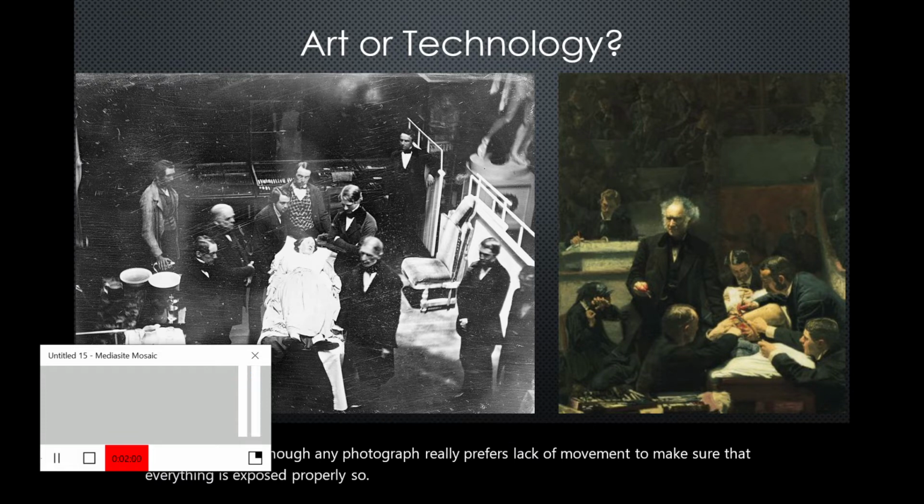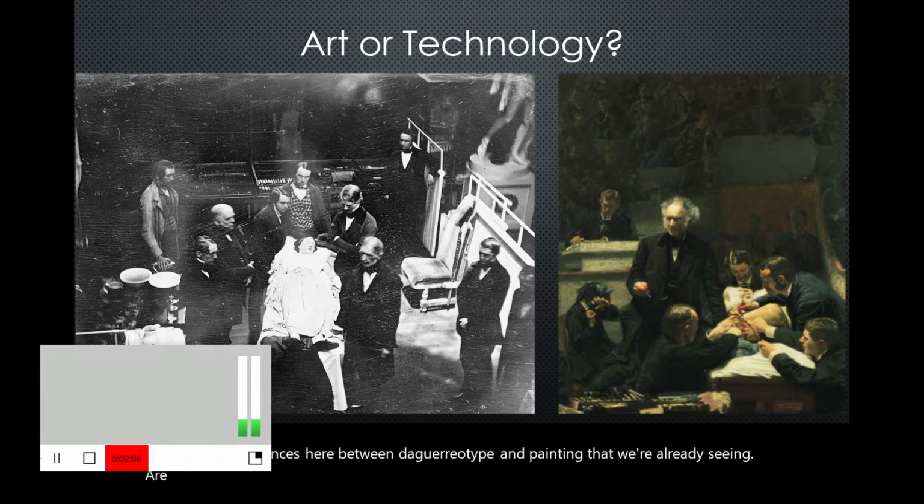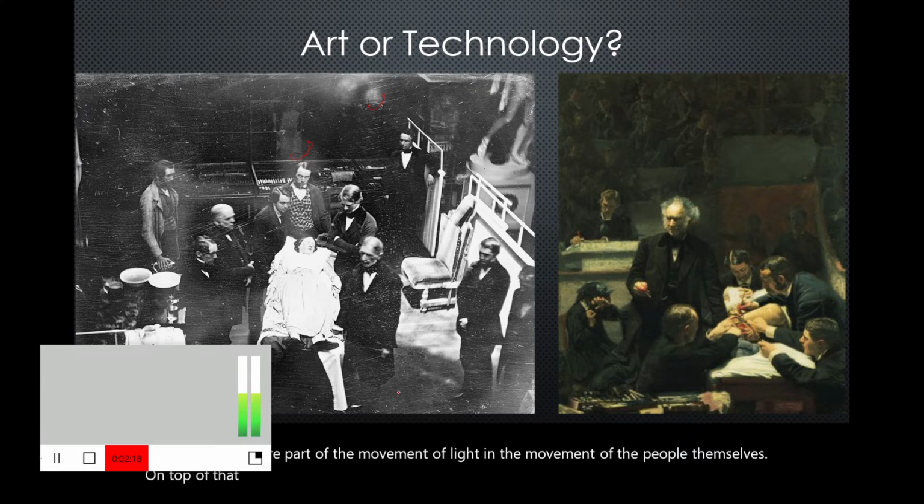some of the differences here between daguerreotype and painting that we're already seeing are these kind of ghostly images here that are part of the movement of light and the movement of the people themselves. On top of that, we're seeing textural differences.